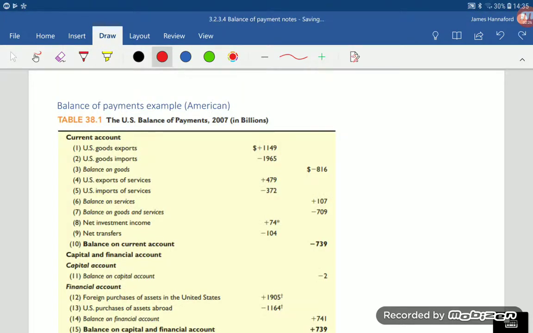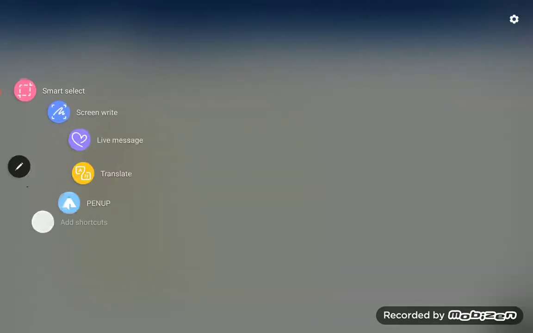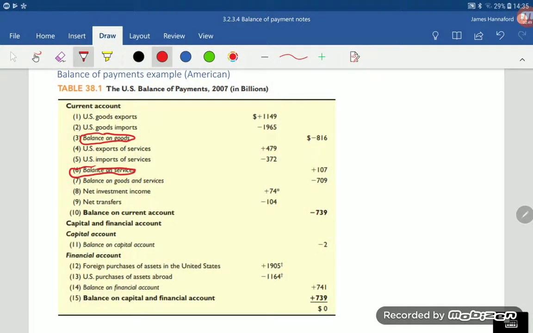So let's now look at an example of a real current account. This example comes from the United States. We can see there is the trade in goods at number 3. Number 6 shows the balance on services, the trade in services. And we can overall see the balance on goods and services.